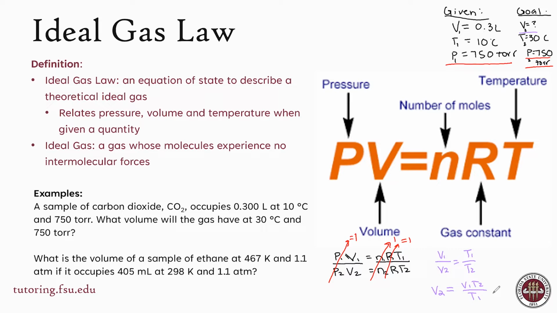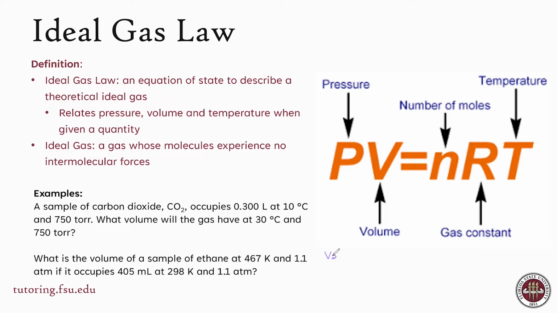And now we can just plug in. So V2 equals V1 times T2 divided by T1. And plugging in what we decided was our 1s and our 2s before, it's going to be 3 liters.